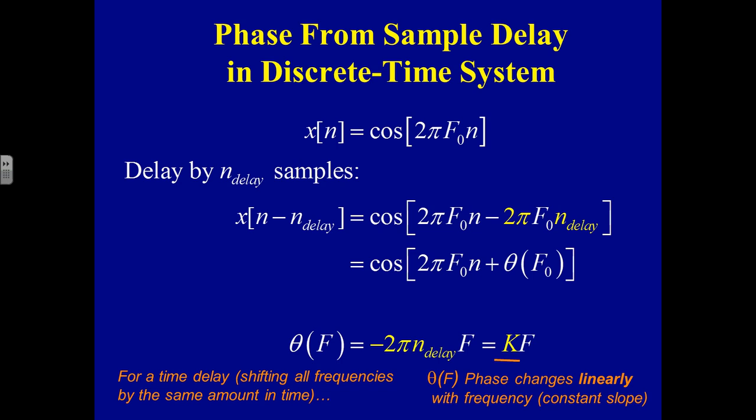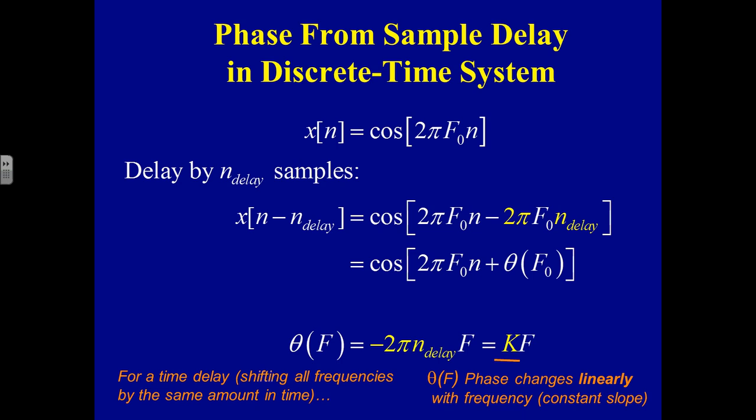So for a time delay, to shift all frequencies by the same amount of time, we have to introduce a different phase, a phase that depends on what frequency your signal was, and there's a linear relationship between the amount of phase that you need to introduce and the frequency that you're trying to shift the same amount of time.